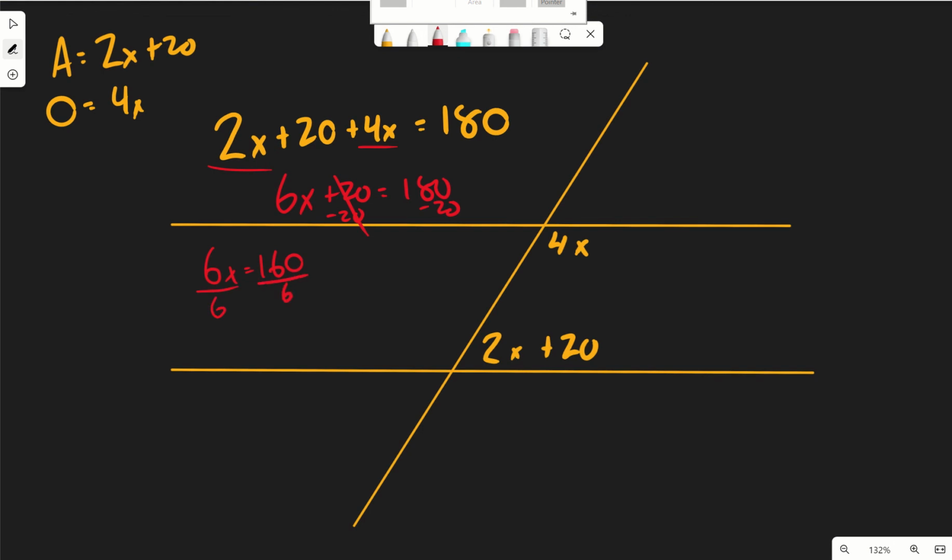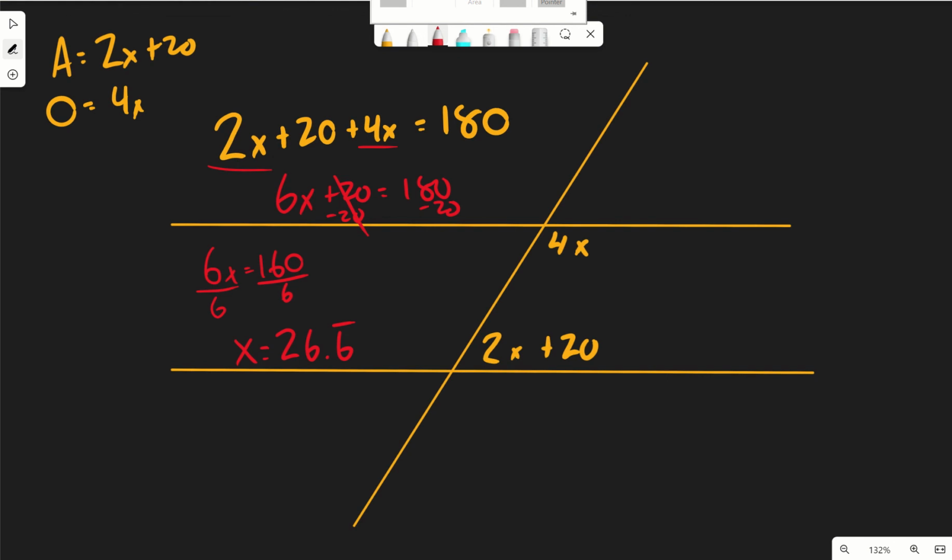Divide by 6, divide by 6. And I know that my x is 26.6 degrees.